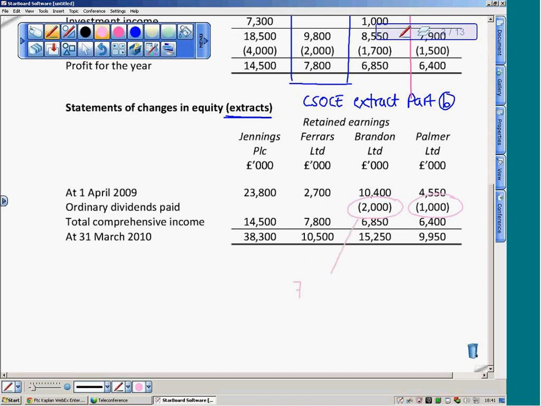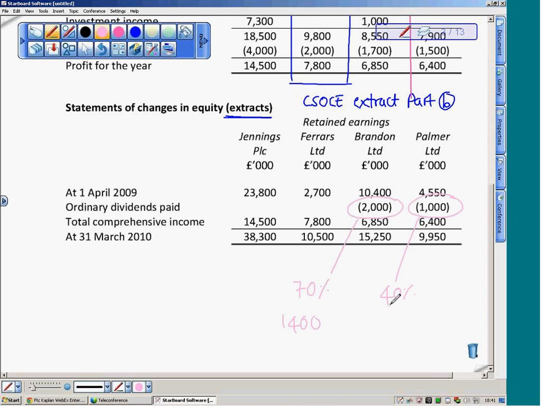Okay, now parent's holding in Brandon is 70%. And holding in the associate is 40%. Okay. So if I think about taking 70% of my 2,000, it's going to be 1,400. Okay.